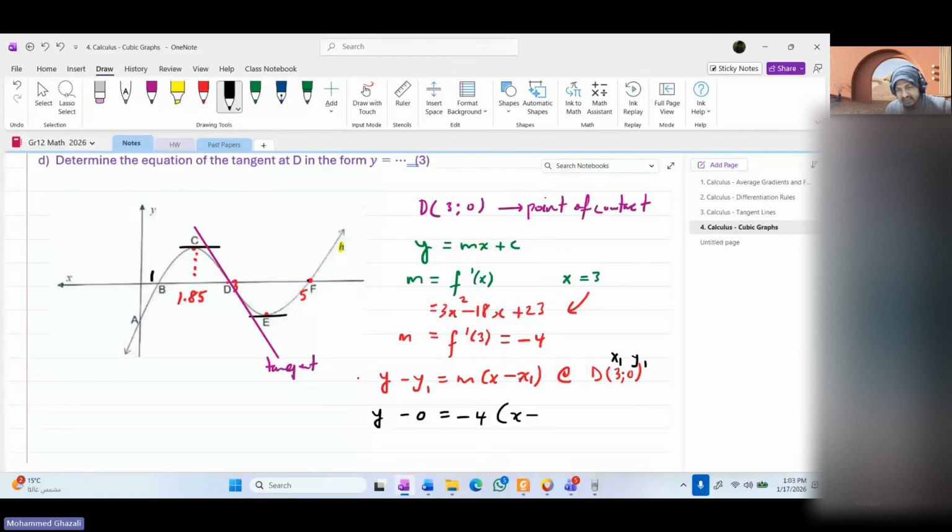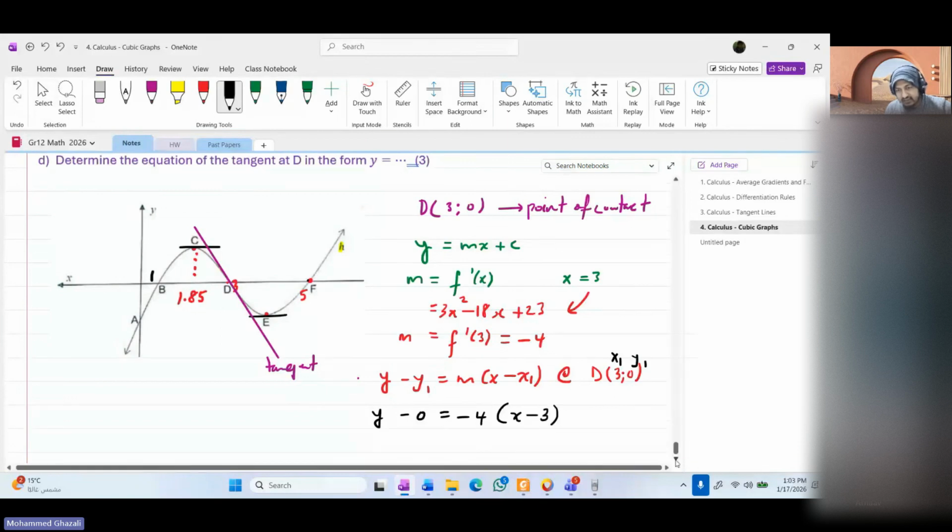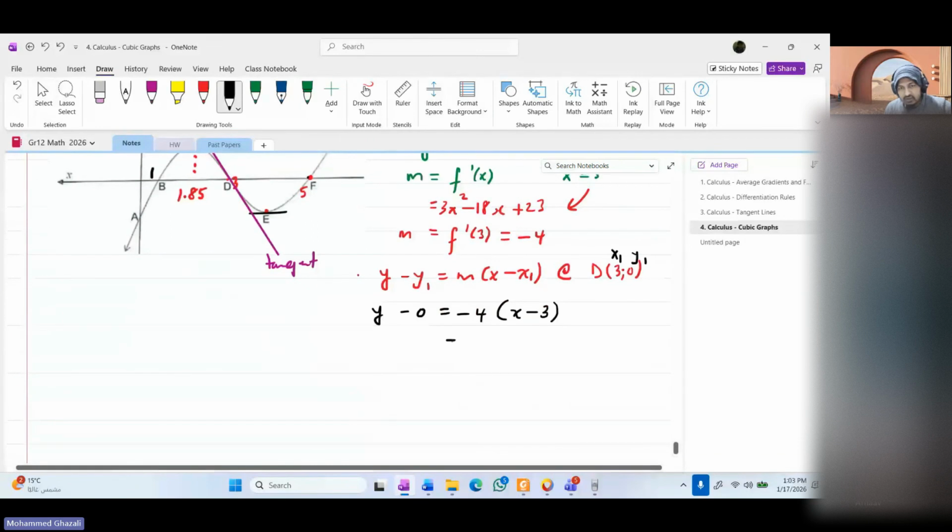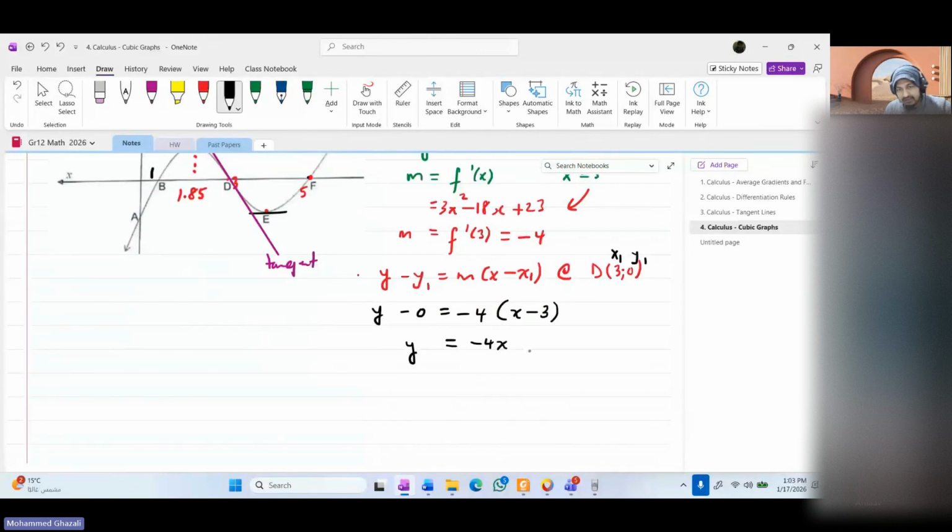X minus, what's x1? x1 is 3. So we are getting y is equal to -4x plus 12. Right, so that's the equation of the tangent. Right, guys, make sense?